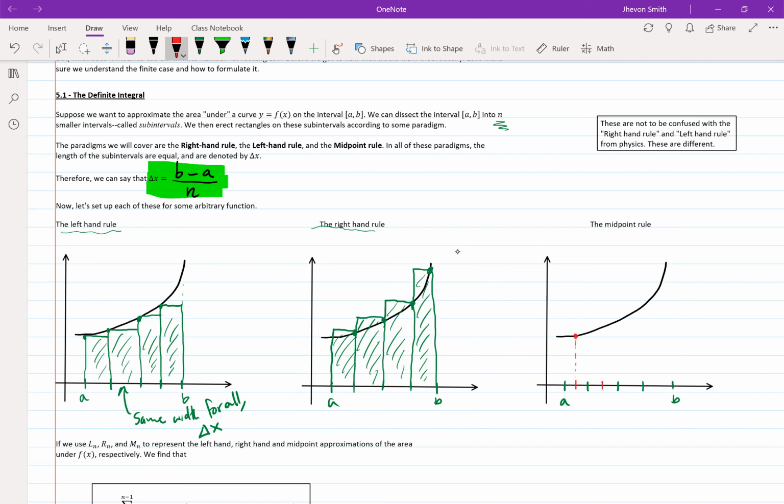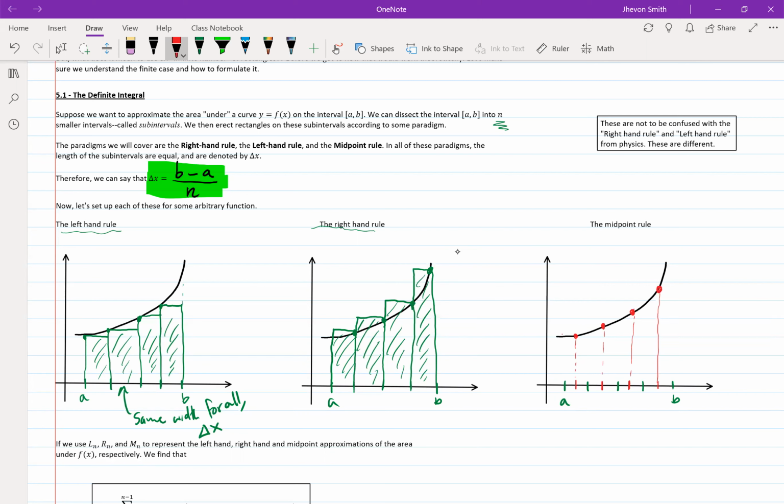So this guy's smack dab in the middle of that. In other words, the midpoint of that subinterval is what we want to use to create the height of our rectangle. So that point just keeps going up until it hits the curve.